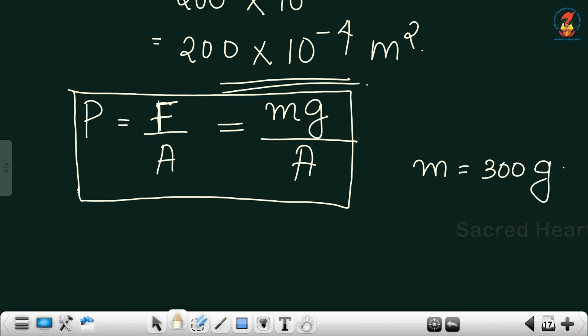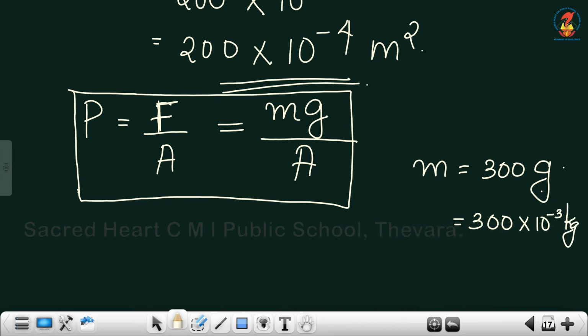Again, the SI unit of mass is kilogram. So, we need to convert gram into kilogram. To convert gram into kilogram, multiply with 10 raised to minus 3. If we multiply with 10 raised to minus 3, the unit gram will change into kilogram.